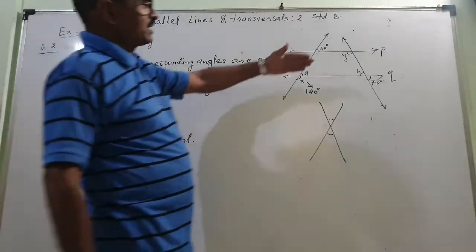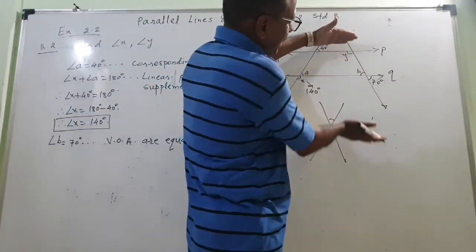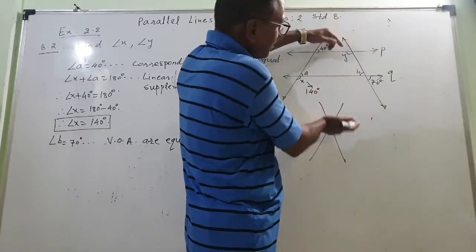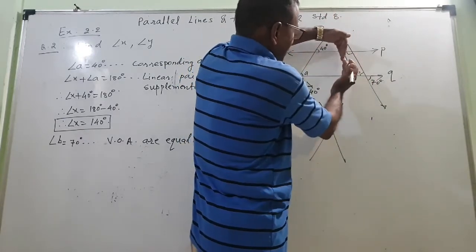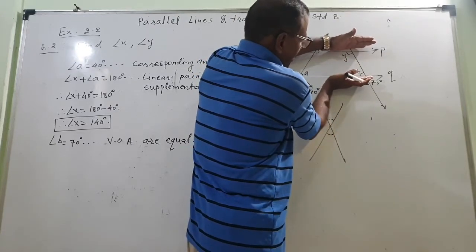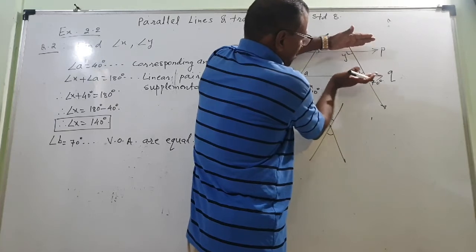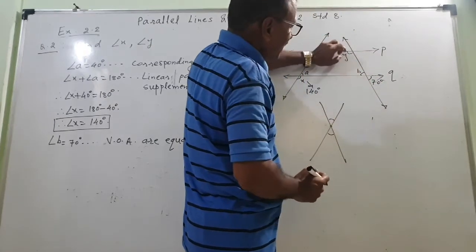Now see this Y and B, they are interior angles. This is an inside matter. See this. Below and on the same side above. These are between the two lines. So interior, inside the two lines. That's why they are called interior angles.